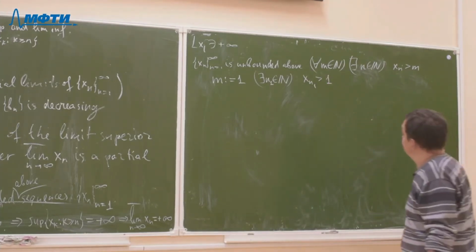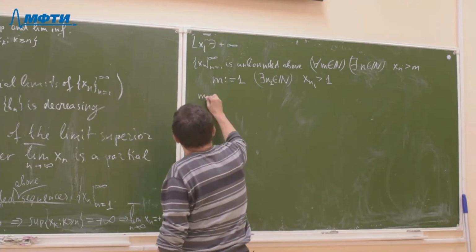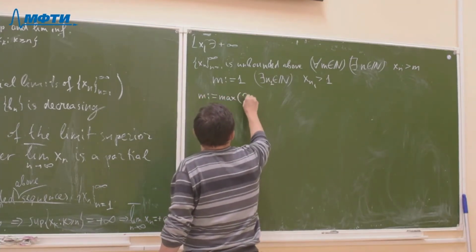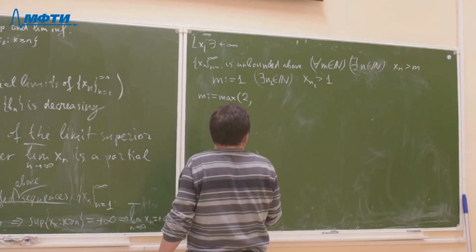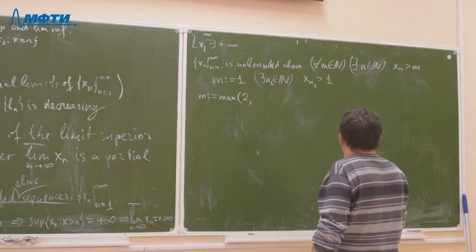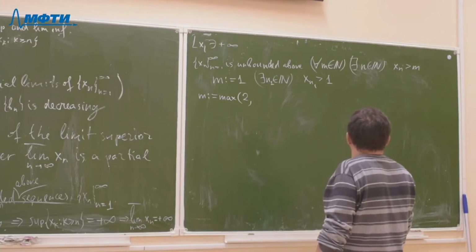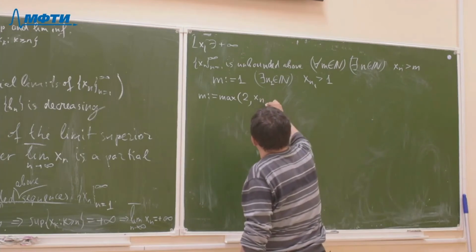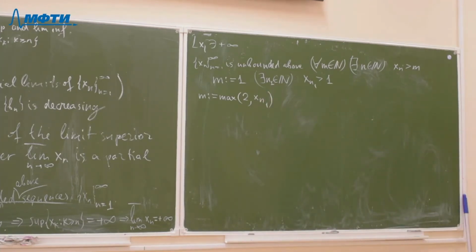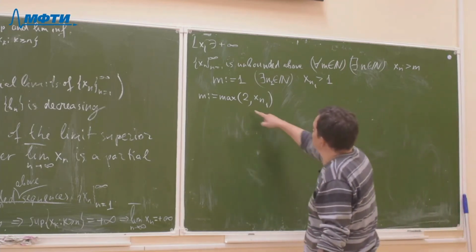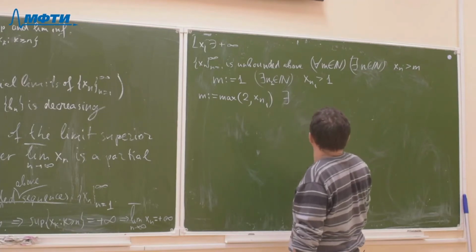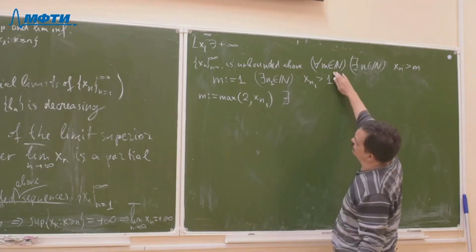Then take m as the maximum of 2 and x_1 and 1. Why did I write here that m is natural?